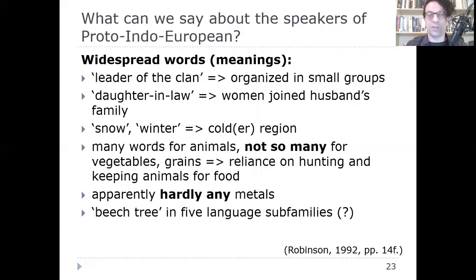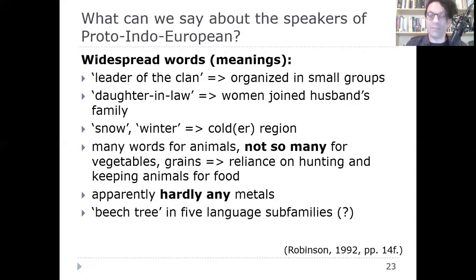We find words for snow, words for winter that these languages have in common, from which we can gather that we're talking about a colder region, probably not a hot desert region where these people came from. We find many words for animals in common, not so many words for vegetables or grains, from which we can gather that the people who spoke Proto-Indo-European relied on hunting and or on keeping animals for food.